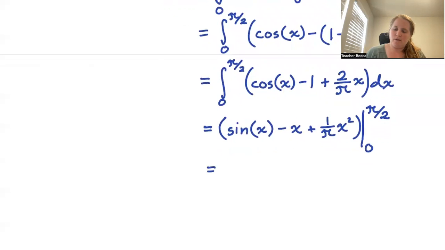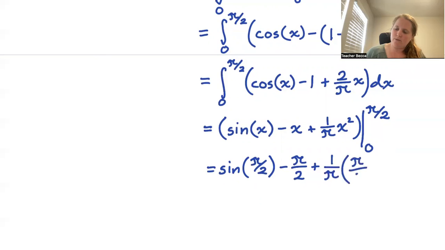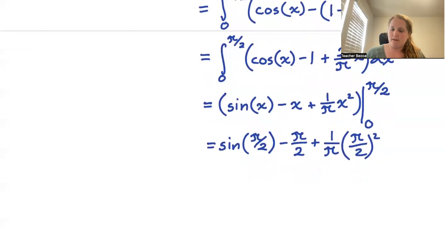So we have sine of pi over 2 minus pi over 2 plus 1 over pi times pi over 2 squared, then minus sine of 0 minus 0 plus 1 over pi times 0 squared.